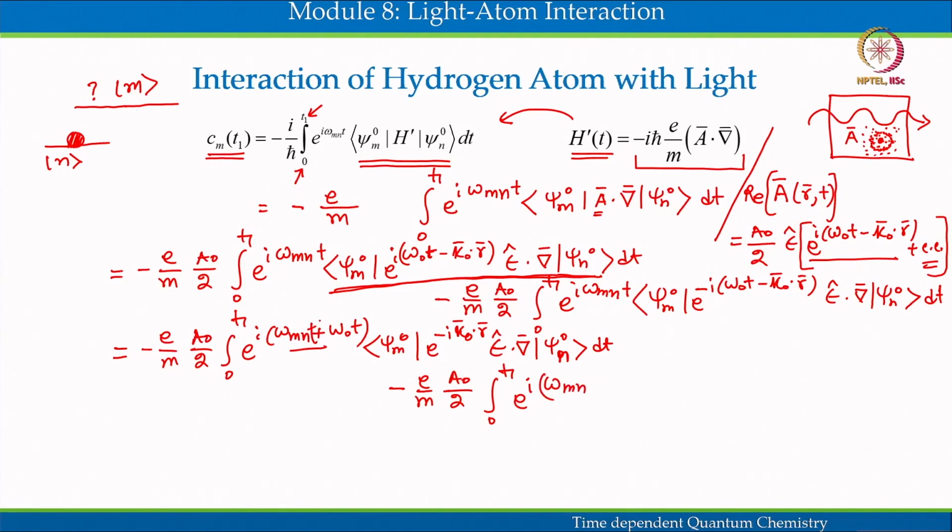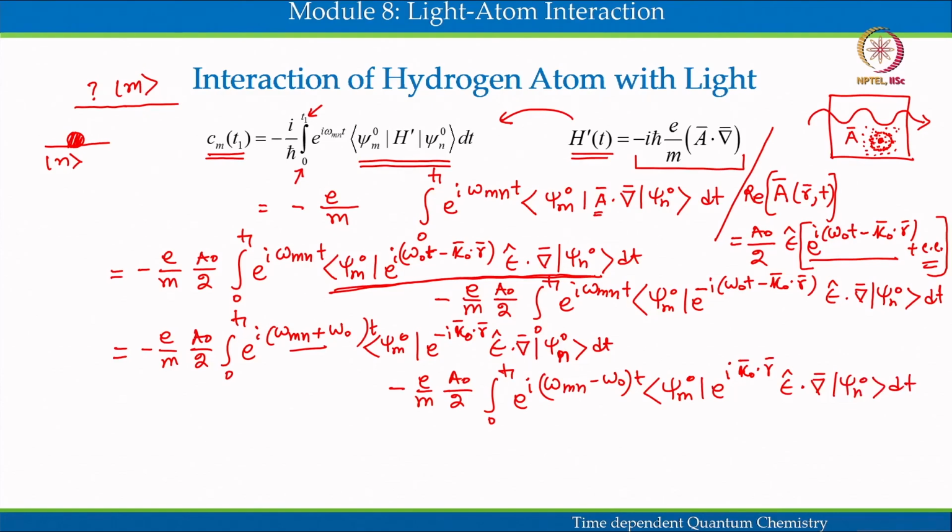Here I have another t term, so I can take the t term outside the bracket: omega mn minus omega naught t, then the spatial integration psi m0 e to the power i k naught dot r epsilon dot this psi n0 dt. That is the way we can write it down.